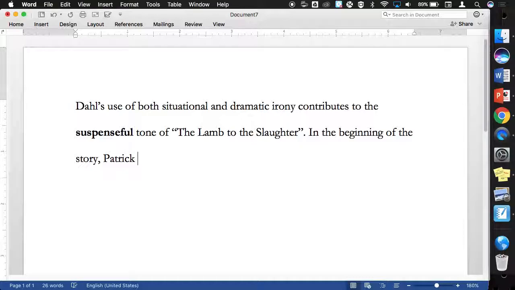So Patrick tells Mary to, quote unquote, sit down. What's a word that I could put in between Patrick and tells, since he says it multiple times? So Patrick repeatedly tells Mary to sit down.